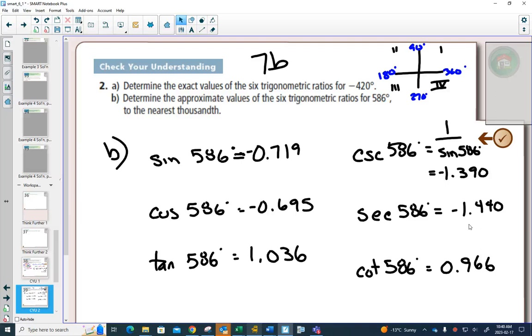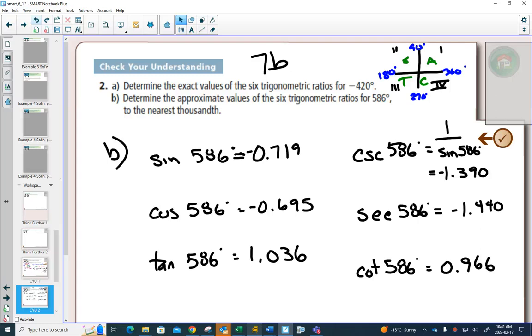Because if I add my CAST rule here, then I'd see in quadrant 3 that tangent is the only one that is positive. And my result said that as well.